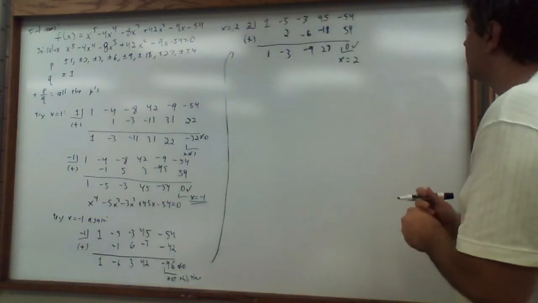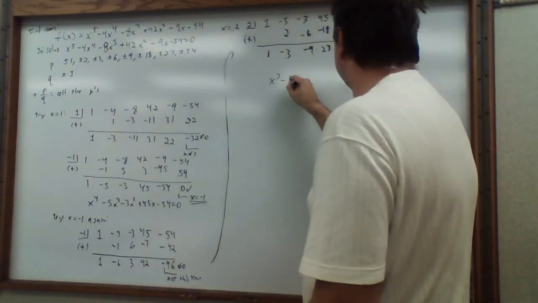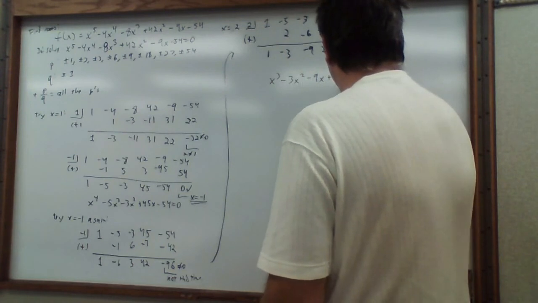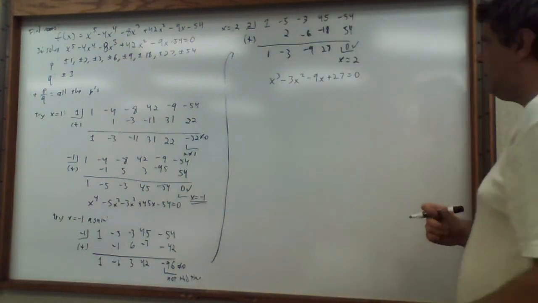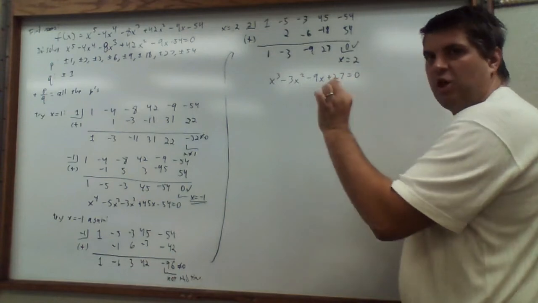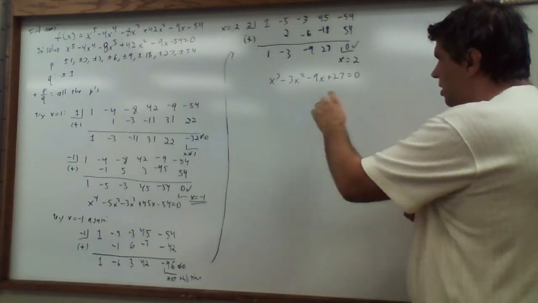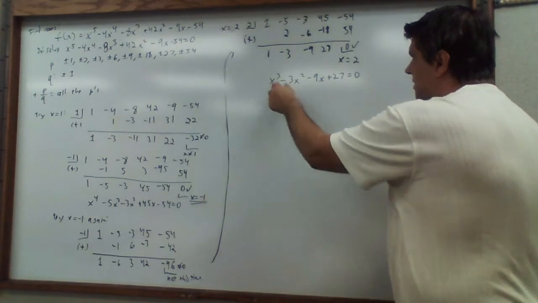Okay? And we have x cubed minus 3x squared minus 9x plus 27 equals 0. It's a cubic, so I check to see whether or not it's factorable by grouping. So this is negative 3 times this.